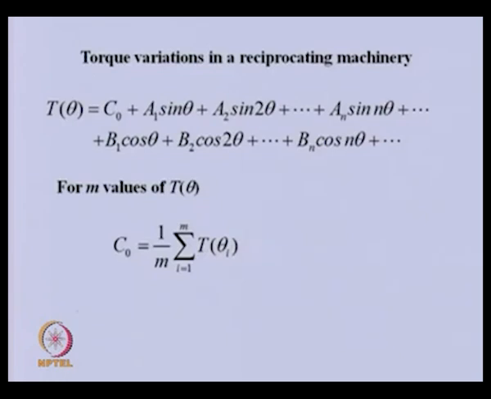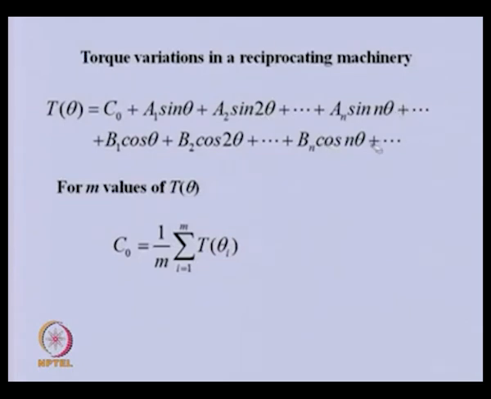For that particular case, let us say this is the torque variation in the reciprocating engine machinery. Obviously, with angular displacement of the crank, the torque will vary. Because this is periodic, we can write this in the form of a Fourier series, in which we will have some constant term and sine and cosine terms.